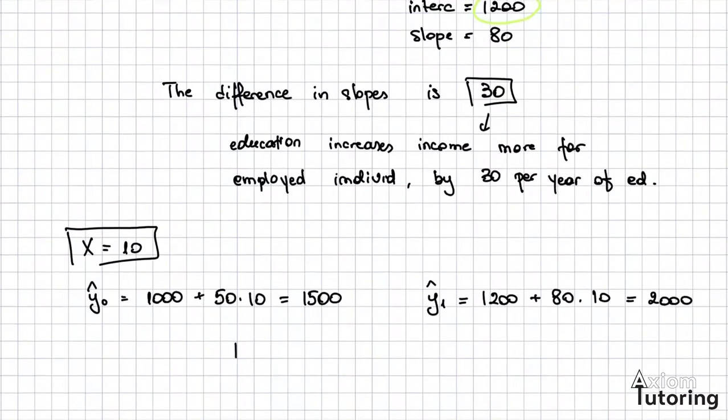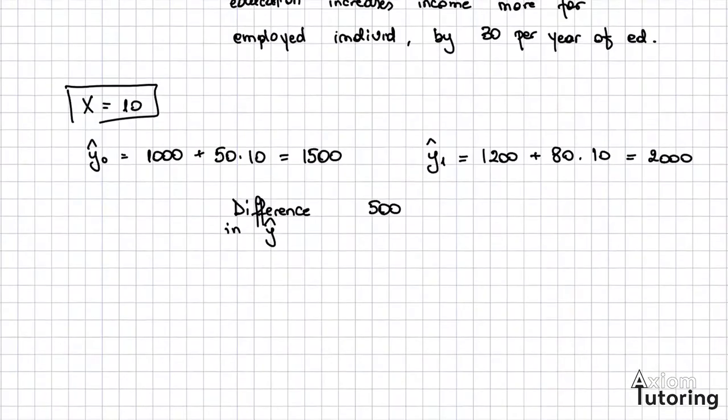So the difference overall in predicted income for someone who is employed versus someone who is unemployed, keeping constant the years of education at 10, is actually 500. Now, this gap depends on X. We can do exactly the same computation, but let's say we fix years of education at 5.